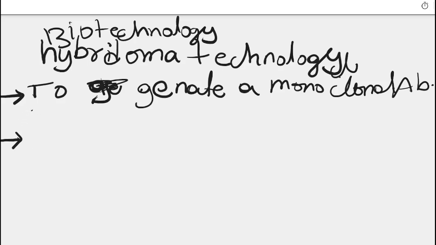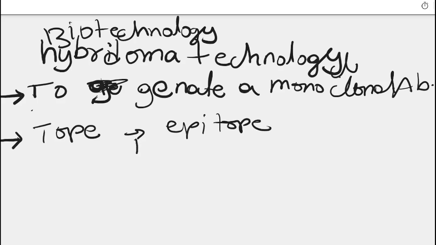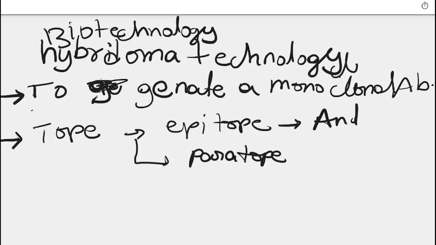There is a terminology called TOPE. It is of two types: epitope and paratope. Epitope is present on the antigen and paratope is present on the antibody.